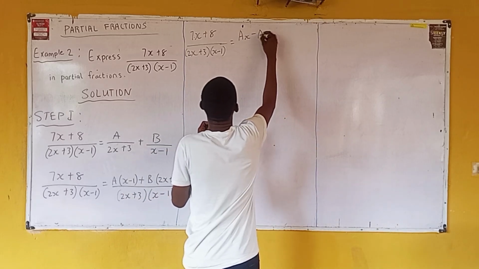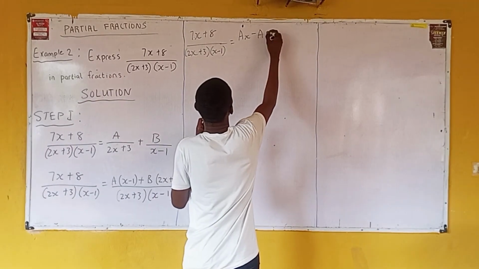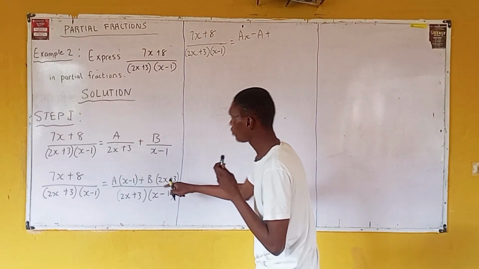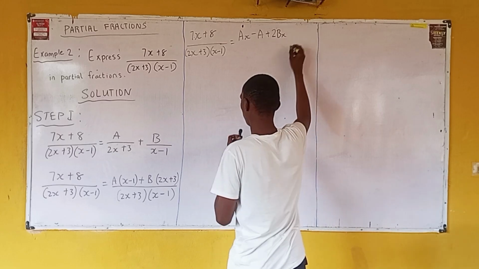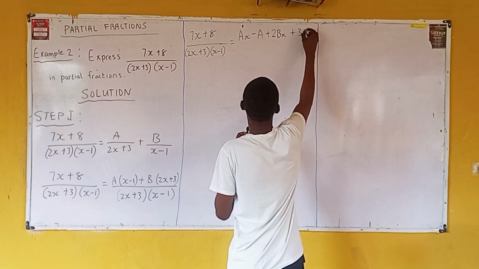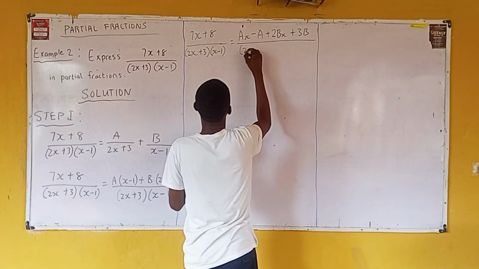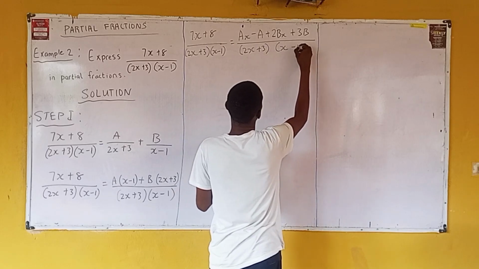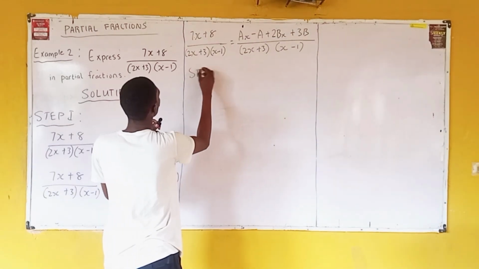So expanding this numerator is equals ax minus a plus b times 2x will give us 2bx, okay, plus 3b, alright, over the denominator we have 2x plus 3 x minus 1. Right? So the next step is to what? Step 2.